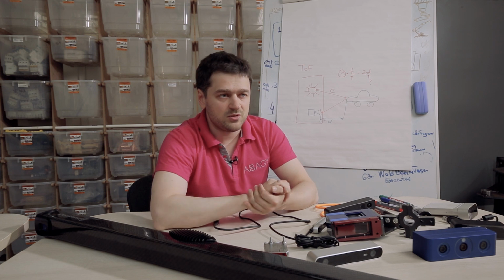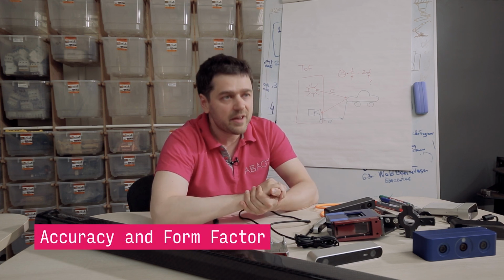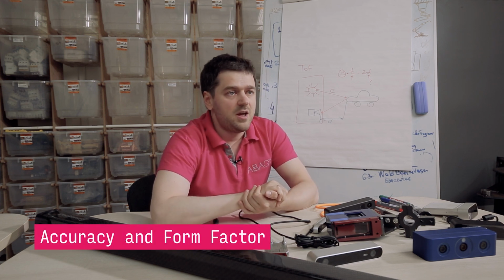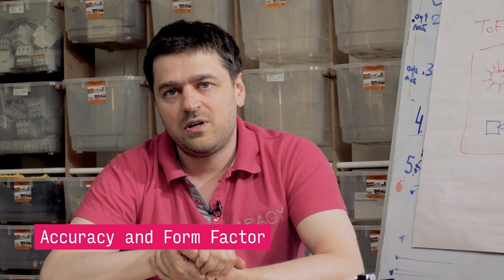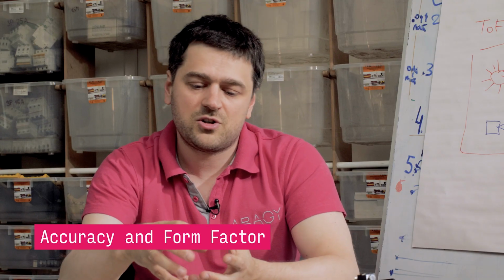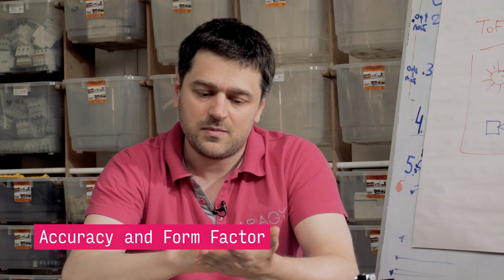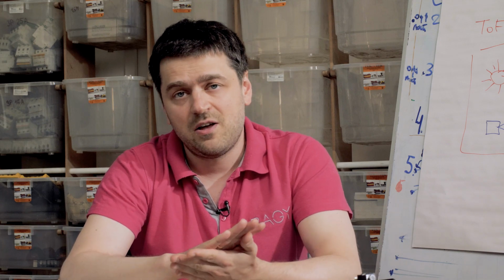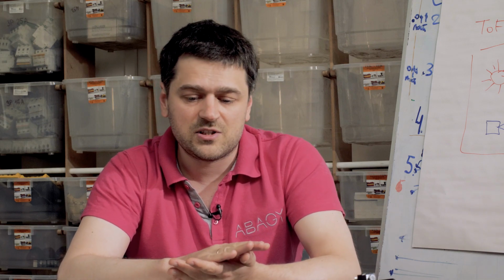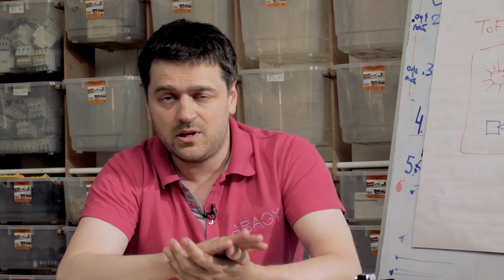The next thing that goes together is the accuracy and form factor. For example, if you need to measure some surface flatness very precisely, you need a very accurate 3D camera.